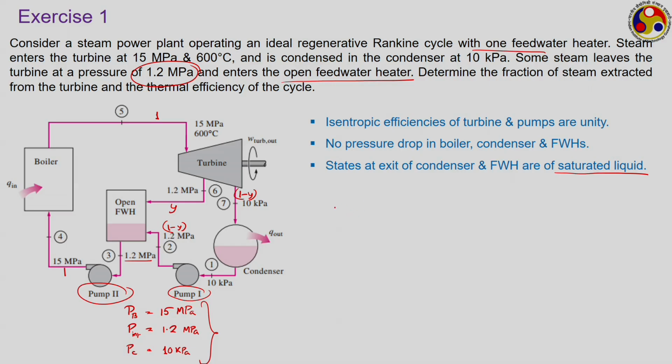In state number 1 we have P1 equal to 15 megapascal, T1 equal to 600 degrees Celsius. So, we have to make use of our tables. Sorry, I have noted it wrong. It is our state number 5.